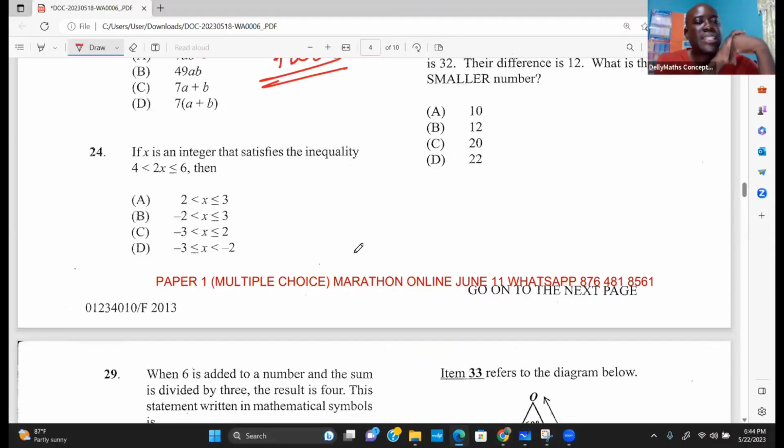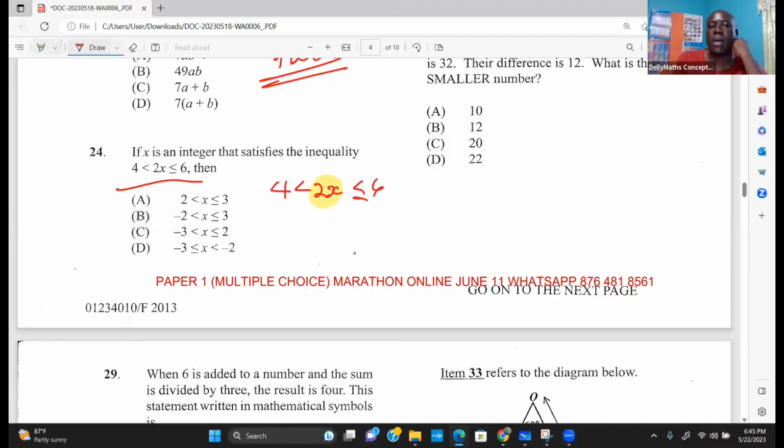If X is an integer that satisfies the inequality, basically what they want you to do is to solve this. So you want to solve this right now. You could just divide by 2 so that you get the X alone. My aim is to get the X alone here.